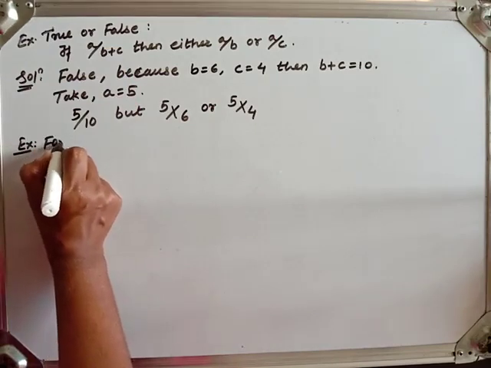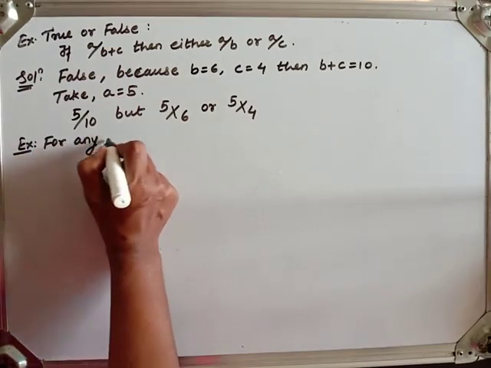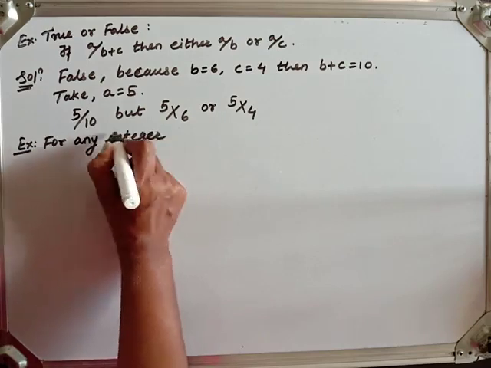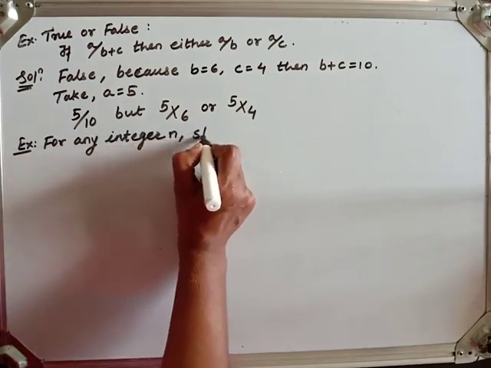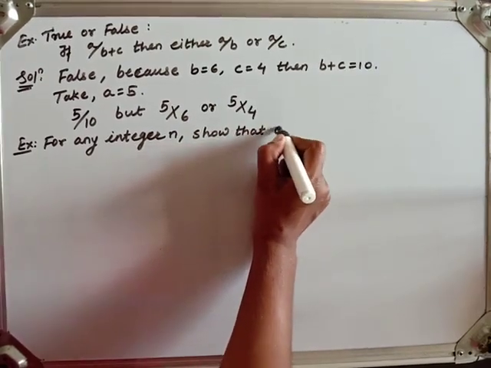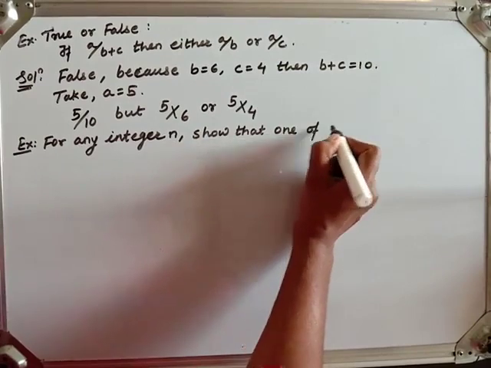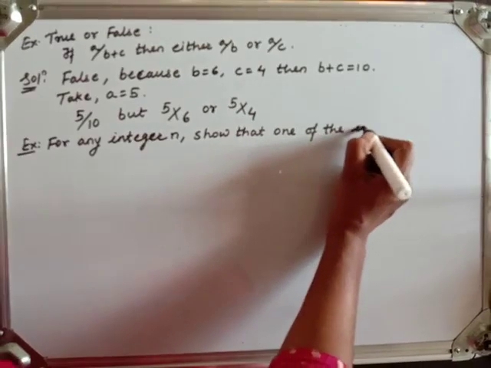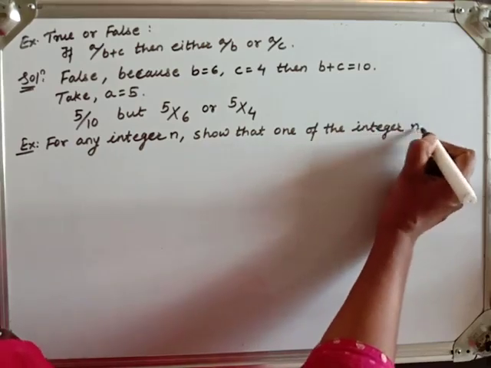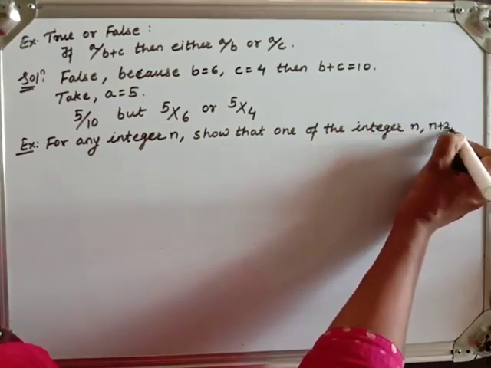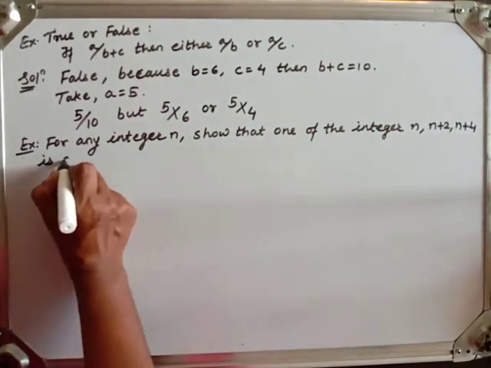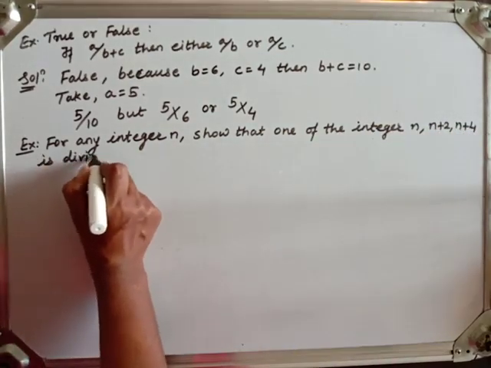Now, the next example is that for any integer n, show that one of the integers n, n plus 2, n plus 4 is divisible by 3.